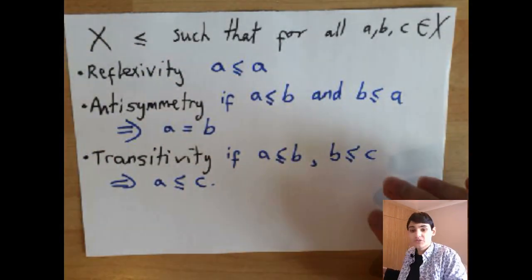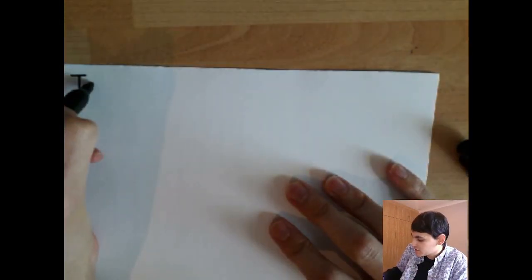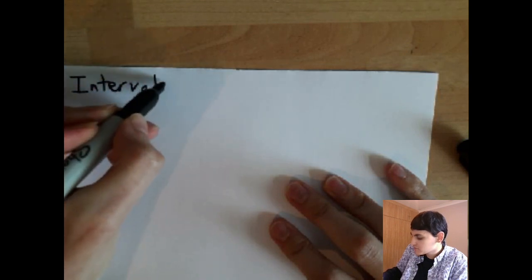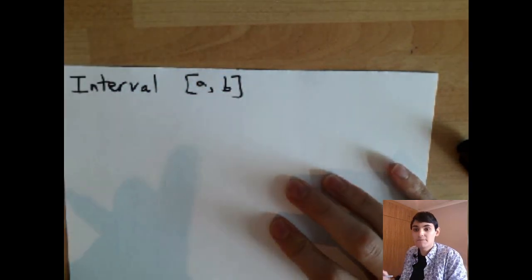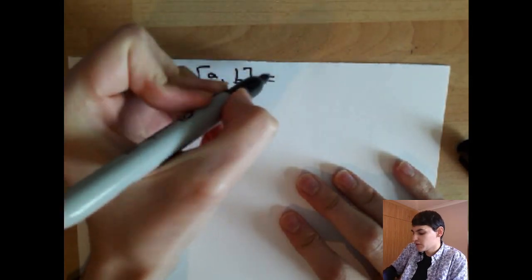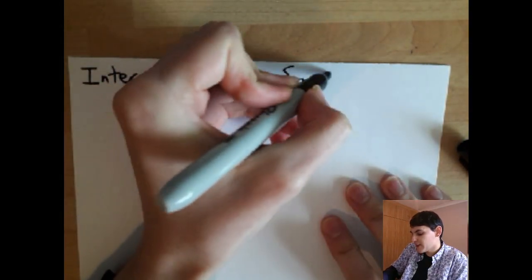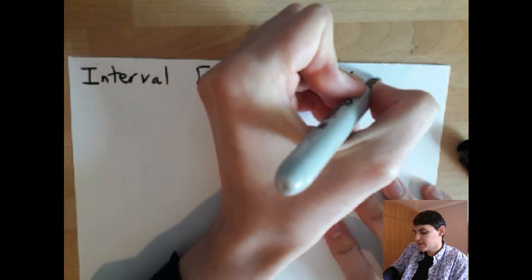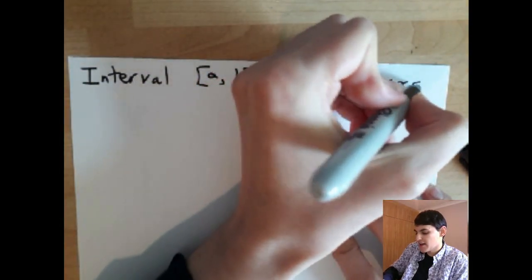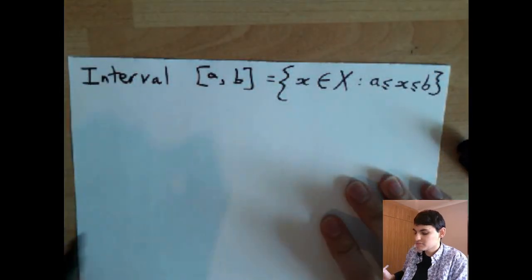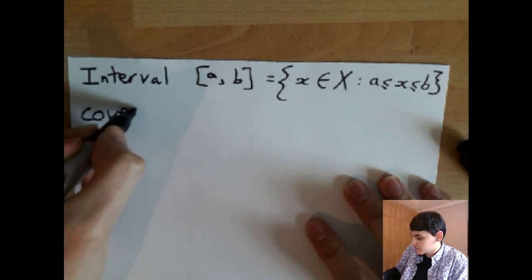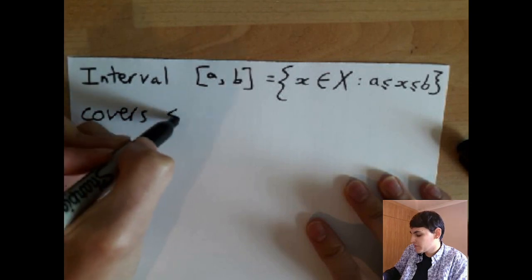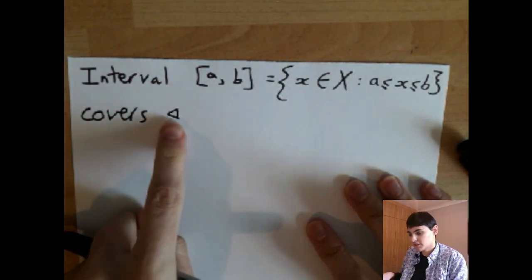There are some important words regarding partial orderings that we should be familiar with, and they include an interval. If you've got A and B, then the interval equals the set of x in X such that x is anywhere between A and B. We also have covers, and we denote that by a triangle like this.